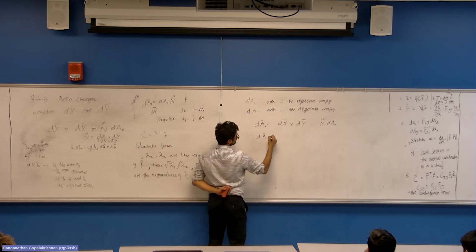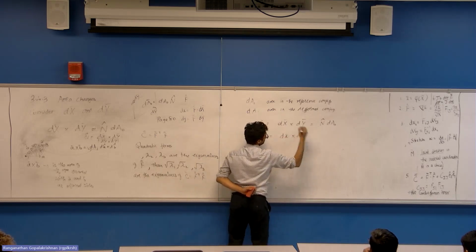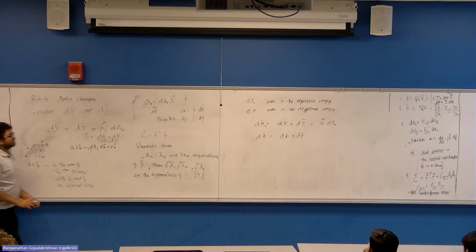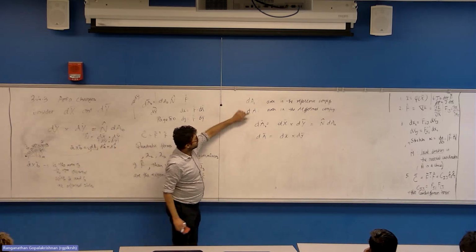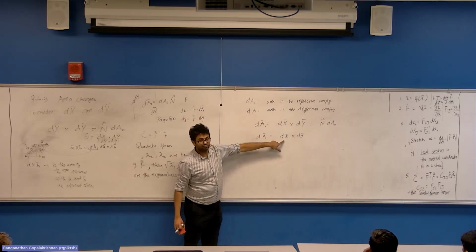And dA is equal to dx cross dy. That is, the area in the deformed configuration is again the product of the two deformed vectors.